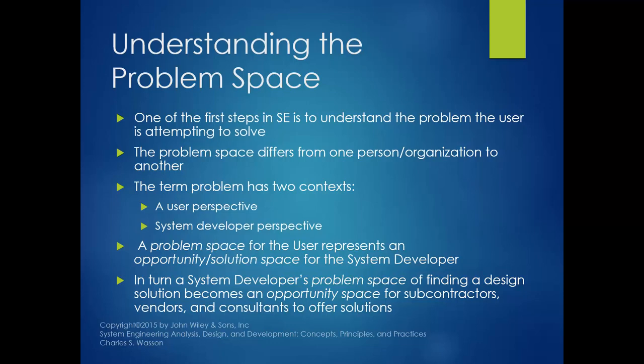The term problem has two contexts: a user perspective, where a problem space for the user represents an opportunity solution space for the system developer, and a system developer perspective, where the system developer's problem space of defining or finding a design solution becomes an opportunity space for a subcontractor or a vendor or a consultant to offer a solution.